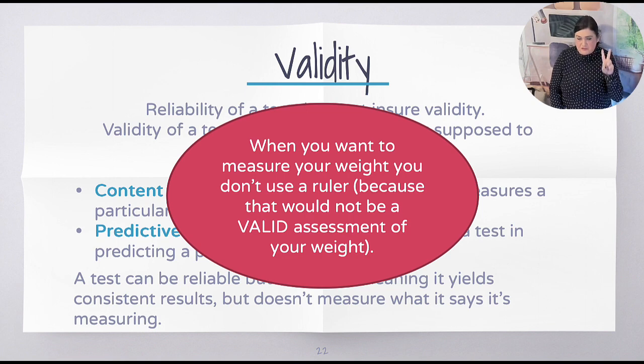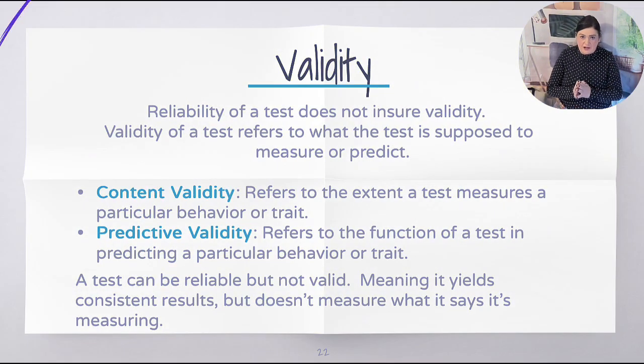But there are two types of validity. The first one is the content, referring to the extent that a test measures a particular behavior or trait. So, is the AP Psychology exam measuring your psychology knowledge? Or do they throw in so many statistic problems and math problems that it turns into a statistics test, and therefore it's not really measuring your psychology knowledge?